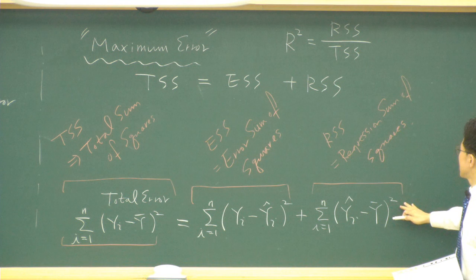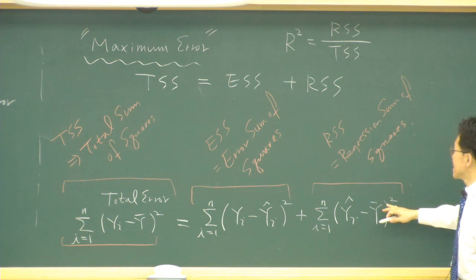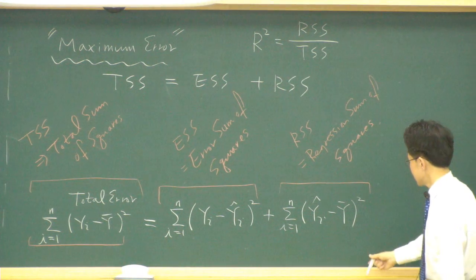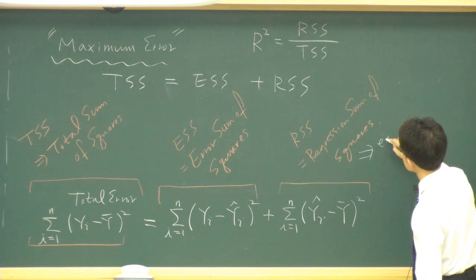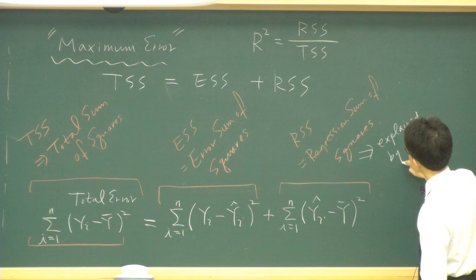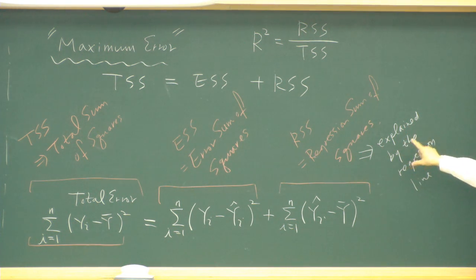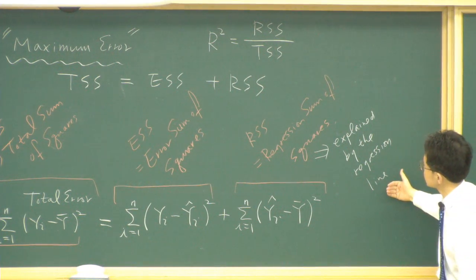In other words, the maximum errors we make, or the errors we can explain. This is somehow, we would just say that the errors explained by the regression model. That's the errors explained by the regression line.